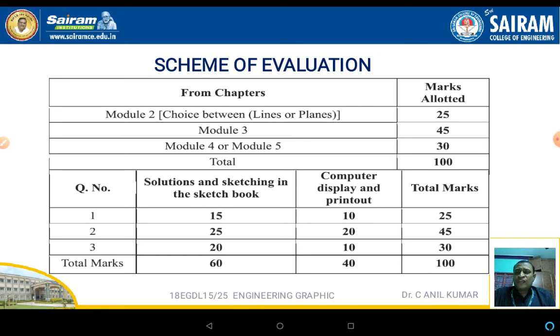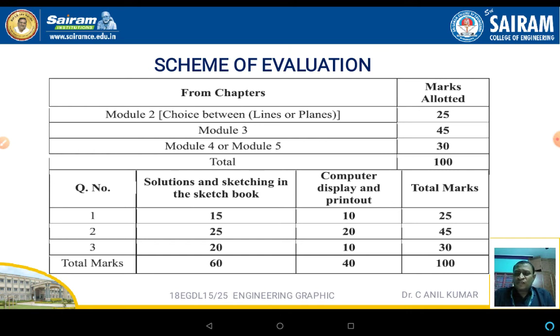Now before going into the regular topic, first we will understand the scheme of evaluation, and afterwards we will go into detail with respect to each and every module. Module 2, lines and planes, is for 25 marks. Module 3 is for 45 marks. Module 4 or module 5 is for 30 marks, put together 100 marks.